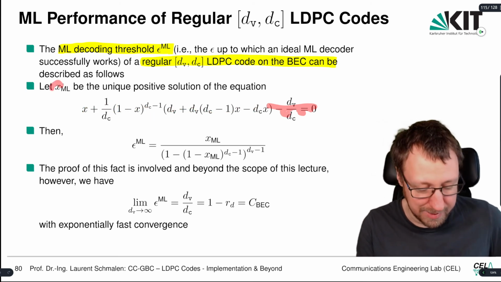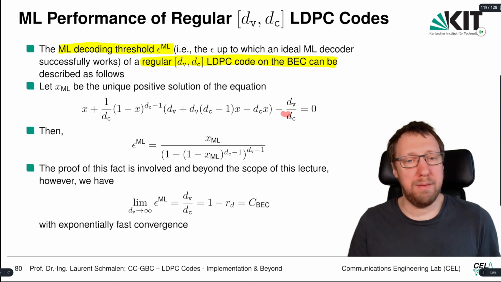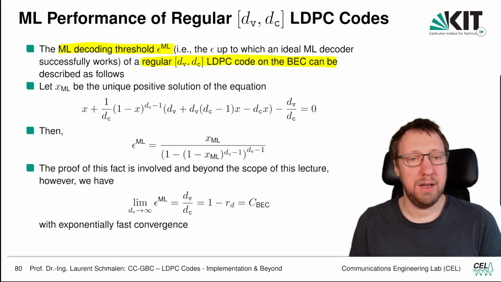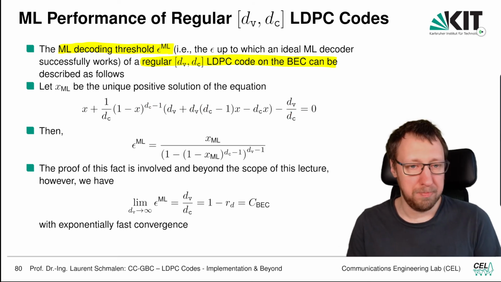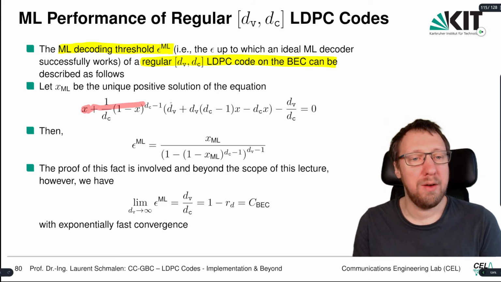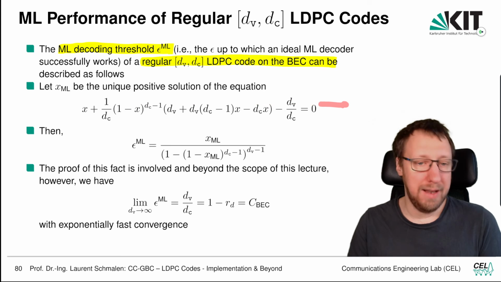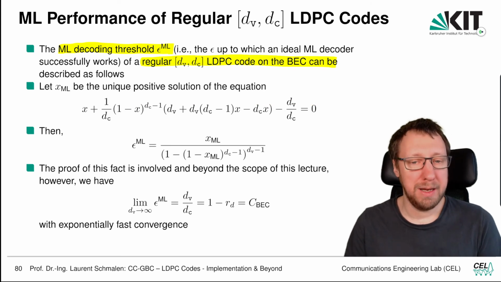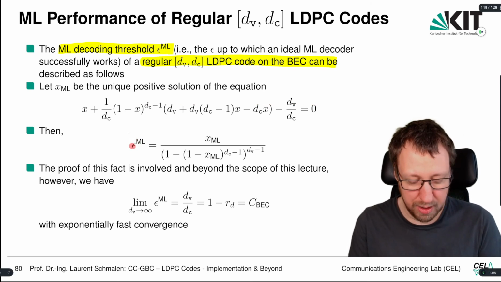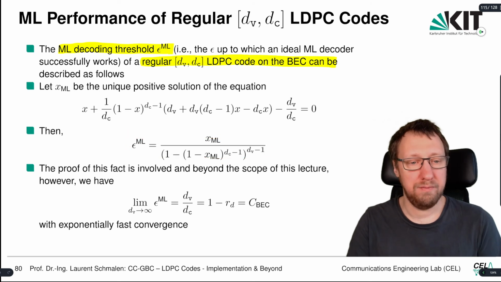That is called x_ML. Because of Descartes' theorem, we know that this has a unique positive solution. We can, for instance, numerically find this solution. Then we can calculate the maximum likelihood decoding threshold by just inserting x_ML into this equation.